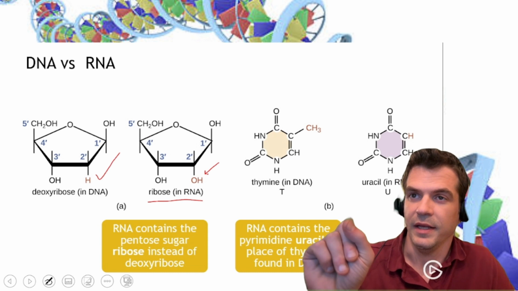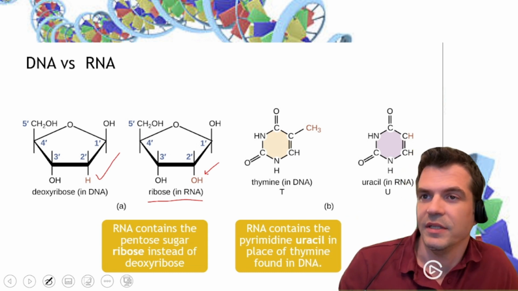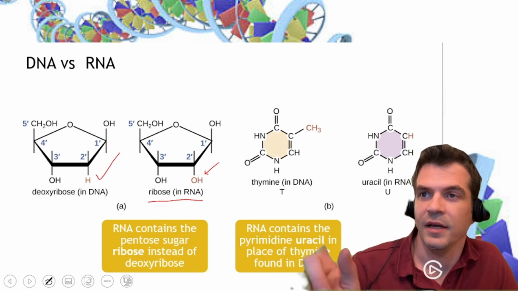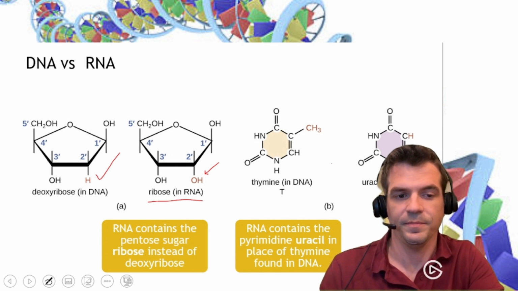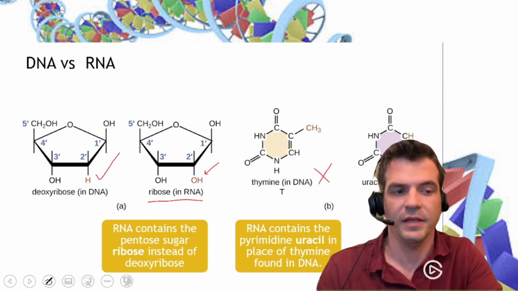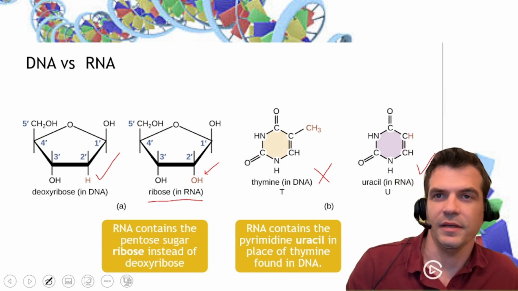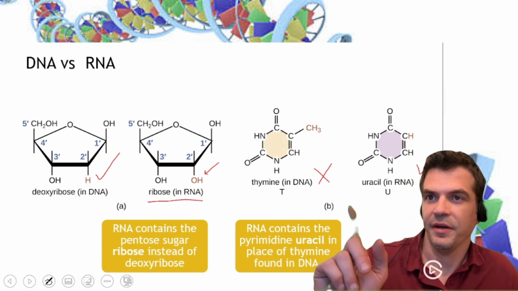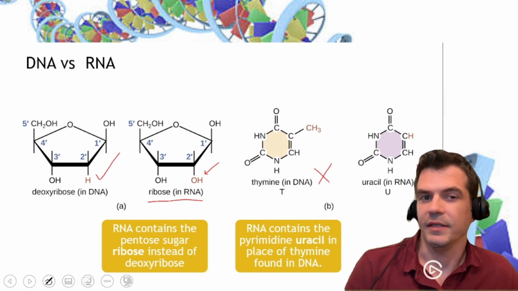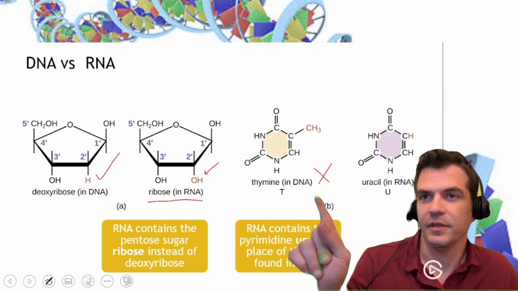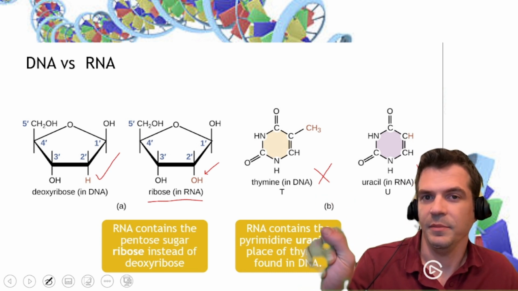Okay? And then right above me here, we can see that RNA does not contain thymine. It instead contains uracil. So what does that mean? It means if I'm trying to base pair in DNA, I use A to T, adenine to thymine.